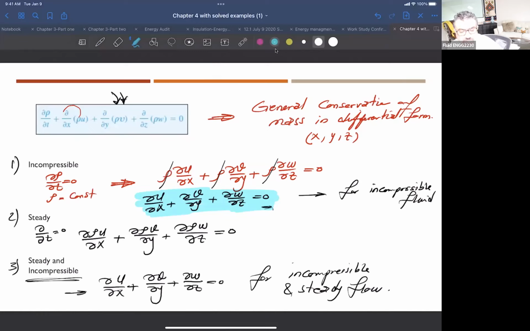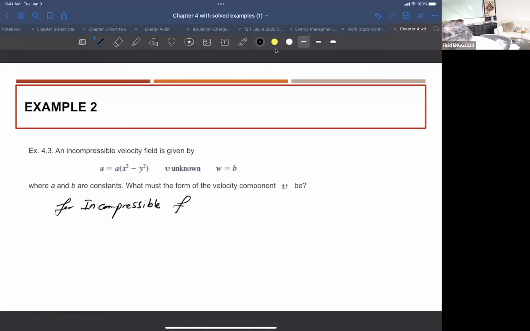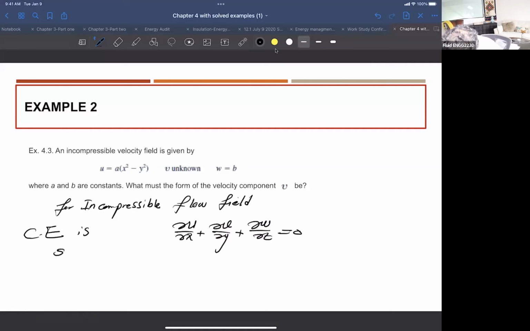So I can say that for incompressible flow, du by dx plus dv by dy plus dw by dz is equal to 0, because the continuity equation is satisfied.